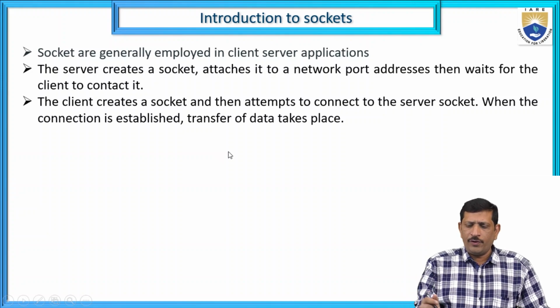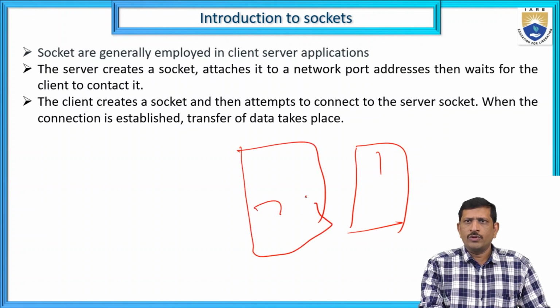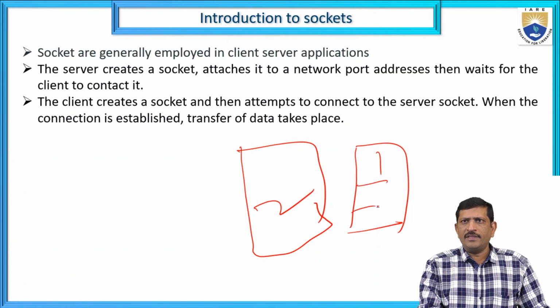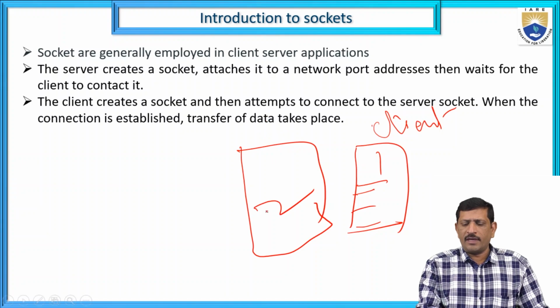For example, take two computers, computer 1 and computer 2. The computer has a number of applications. Computer 1, which has a number of applications, is considered the client system, and computer 2 is considered the server system.